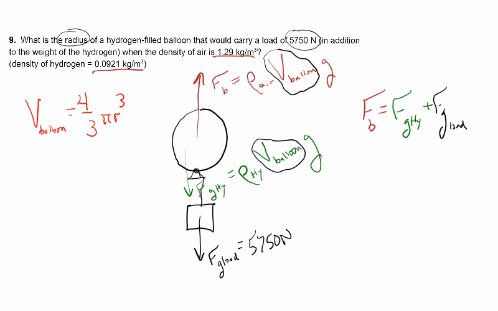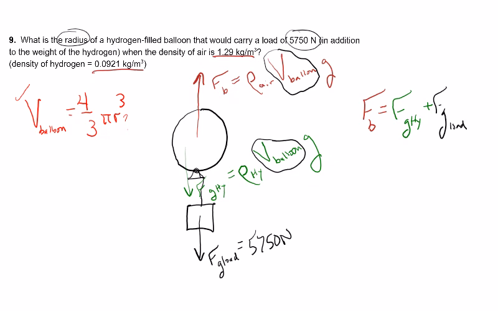Now, if I really wanted to be picky, I should have written that down. But if they ask for the radius of it, you kind of have to make it some kind of spherical shape. So I'm going to solve for this and use it to figure out what the radius is. Okay, so that's how I'm going to solve this problem.